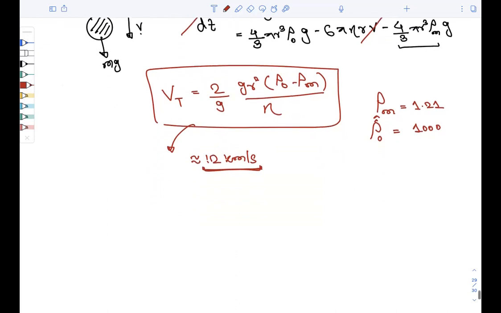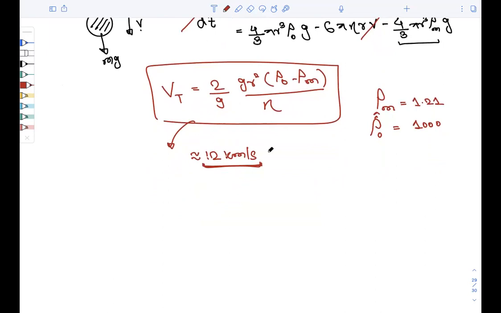Now, what conclusion can you make here? It is a very high velocity, and this high velocity is mainly due to the radius, which is given as 0.01 meter. So the spherical water drop's radius is very high, so the velocity is also very high. And if you remember, we have also drawn this graph in the class. Vt looks something like this.